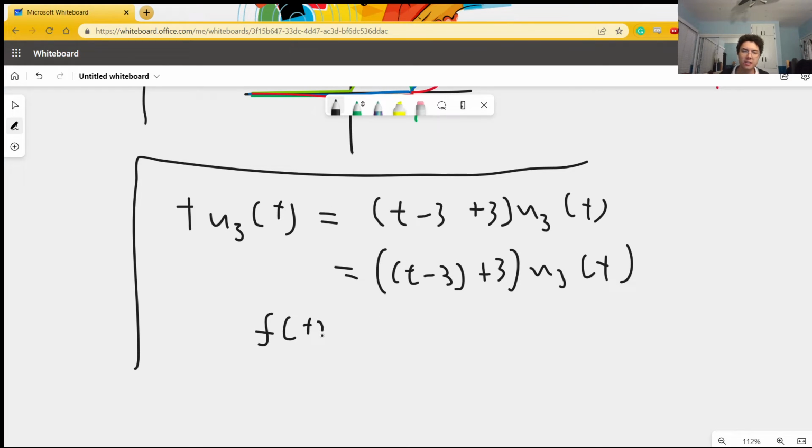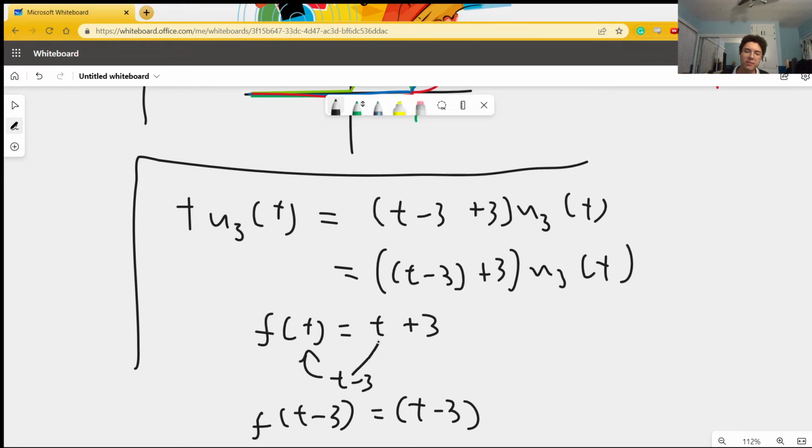Suppose f of t was equal to t plus 3, and we plugged in t minus 3. Well, f of t minus 3 would be equal to t minus 3, see we plug in t minus 3 for t, plus 3. This is a function in t minus 3 because every instance of t is really an instance of t minus 3.